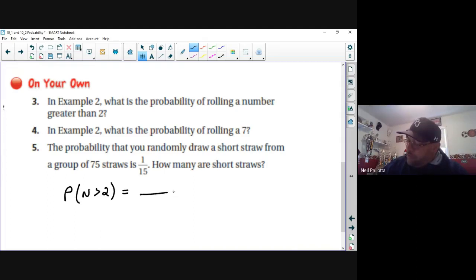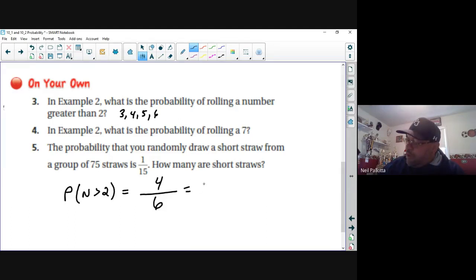There are still 6 possible outcomes on that number cube, but how many of those outcomes are greater than 2, right? You'd have 3, 4, 5, and 6 would be the outcomes that are greater than 2. So you have 4 possible outcomes out of the 6 total outcomes.